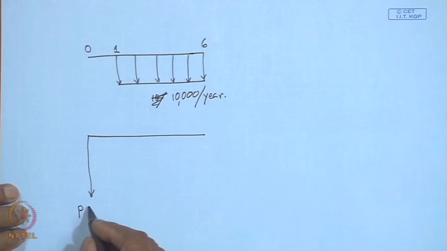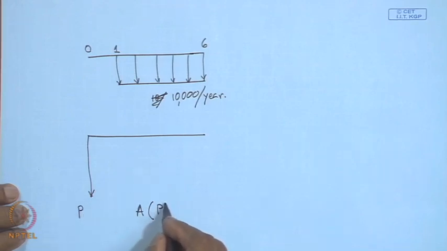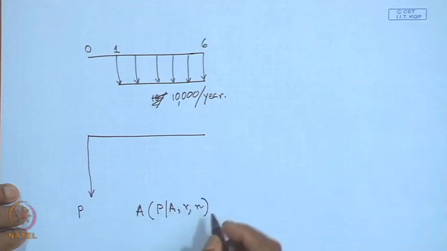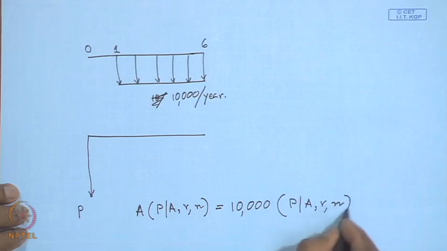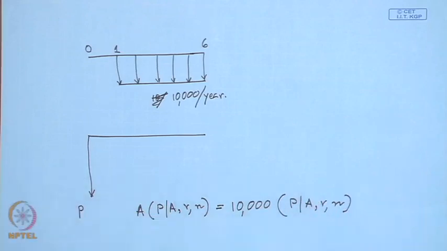For this we have to multiply A with P given A, R, N. P is equal to 10,000 and we have to find out P given A, R, N. N is equal to 6, R is equal to 12%.